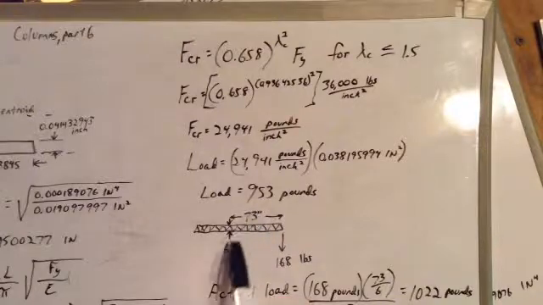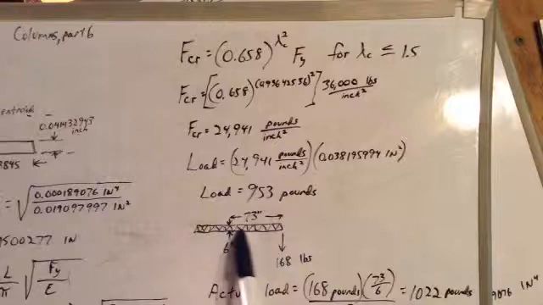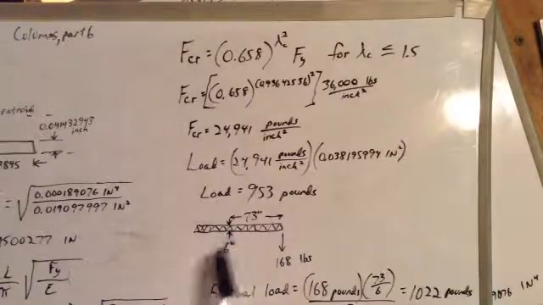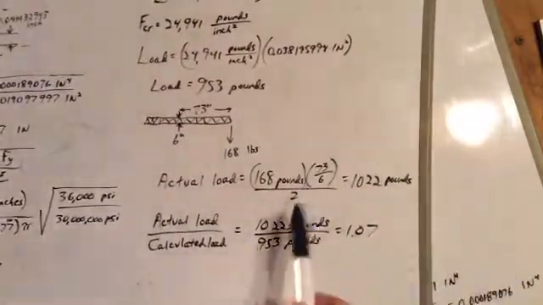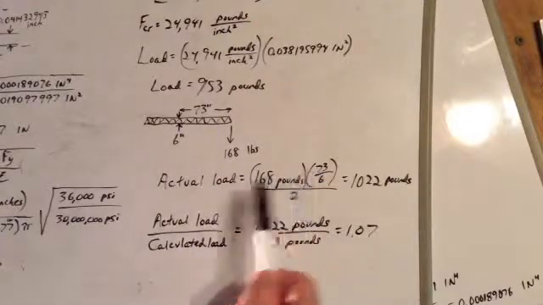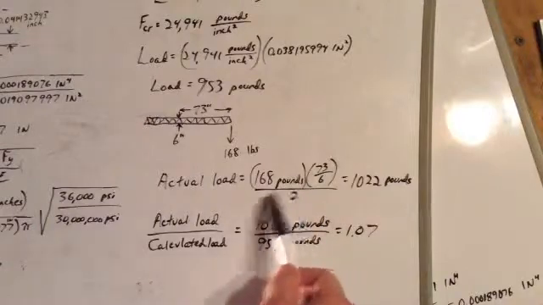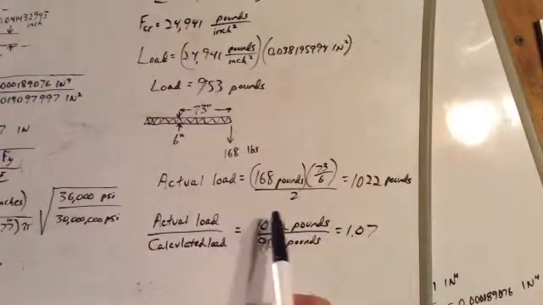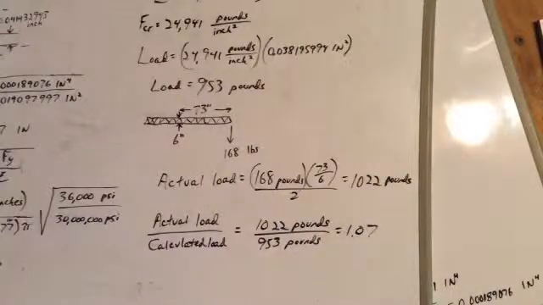So the ratio of 73 to 6 is the ratio of that force to the force that is shared by the two compression members. There we go. So the actual load in one compression member was 168 times that ratio of 73 over 6, divided by 2 because there are two compression members, and do the math, and it's 1,022 pounds.